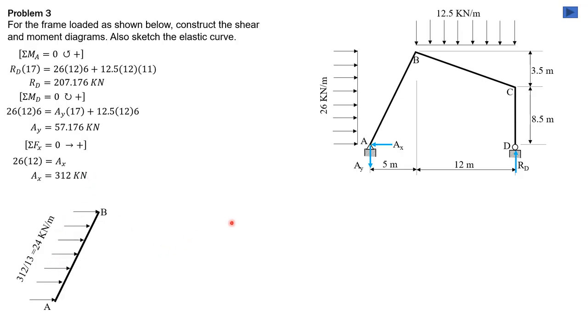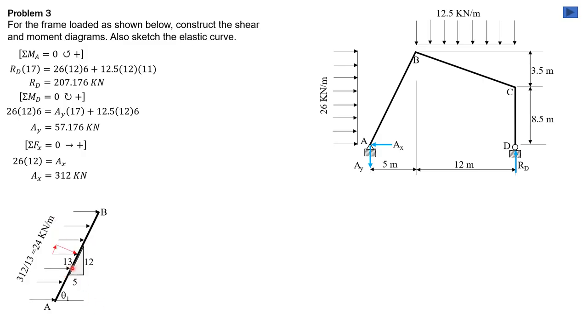In construction of the shear and moment diagrams for frames, the loading should be perpendicular and parallel to the member. So let's transform it into normal and tangential components of load. The slope again is 12 vertical, 5 horizontal, 13 hypotenuse.